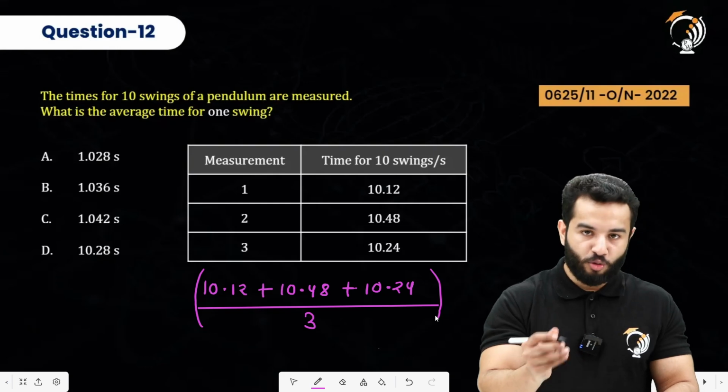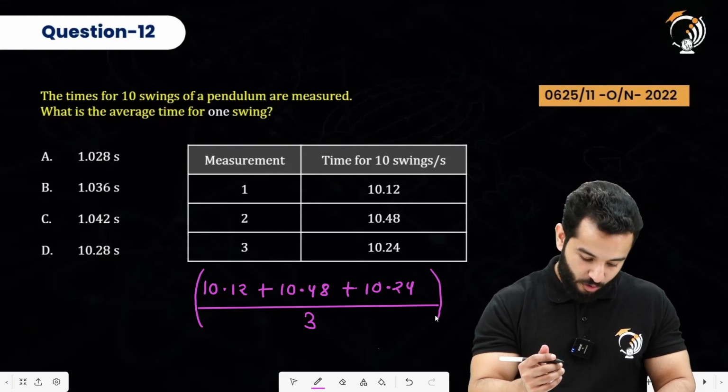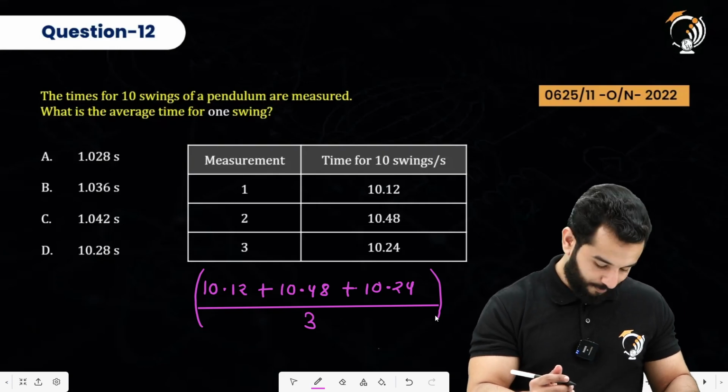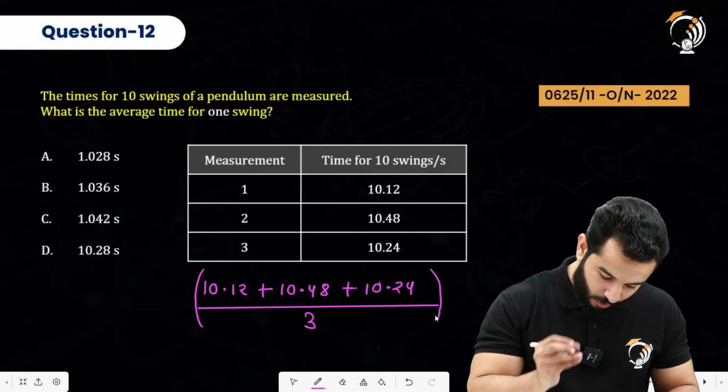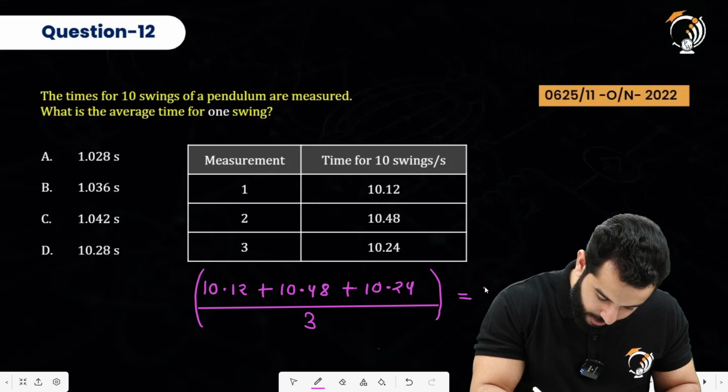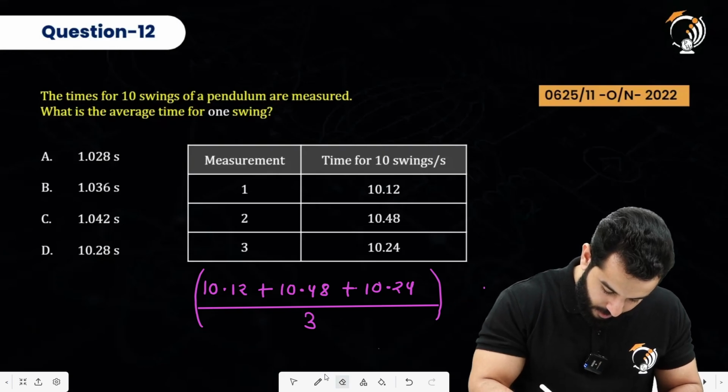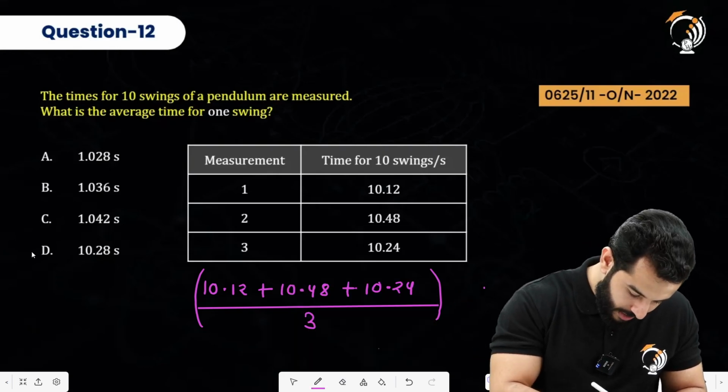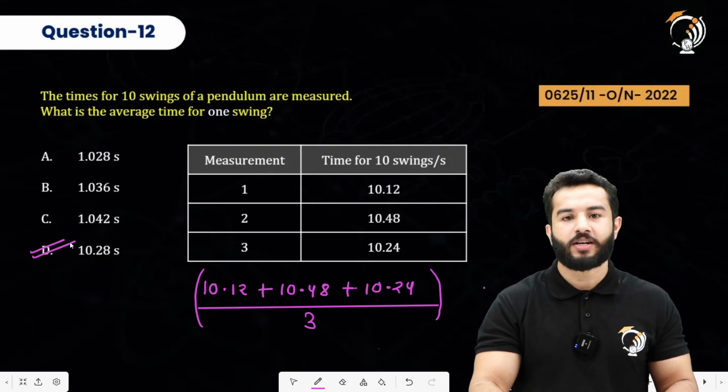And because you can use the calculator, you can find this answer. So the correct answer according to the calculator is 10.28. So it's 10.28. That means option D is going to be the correct one.